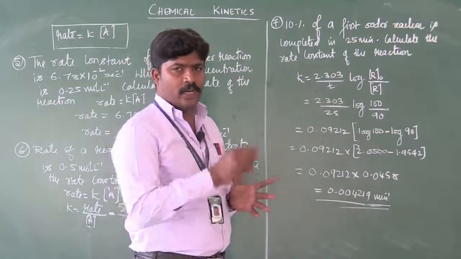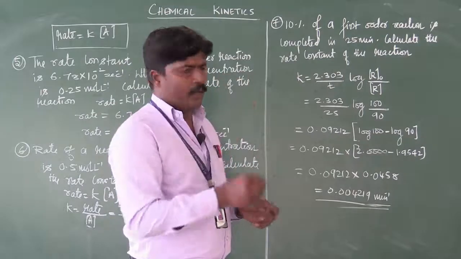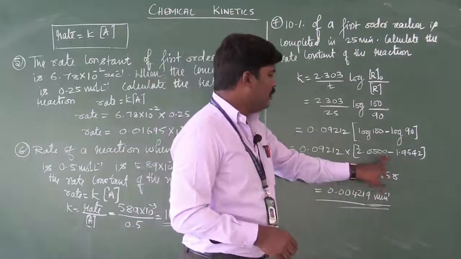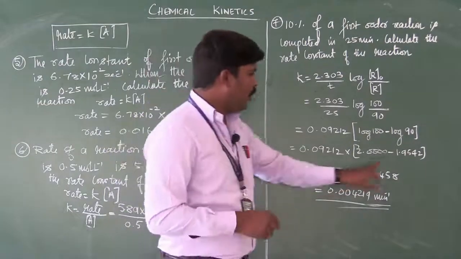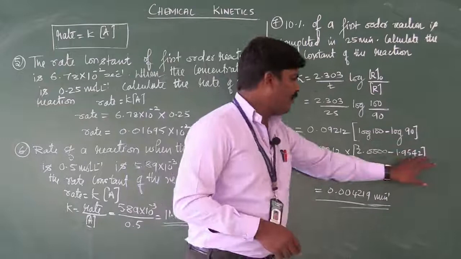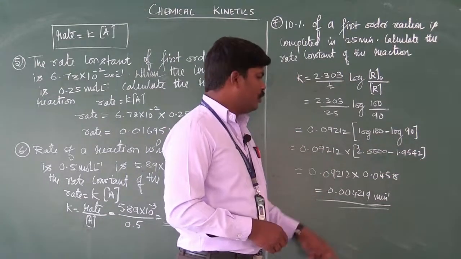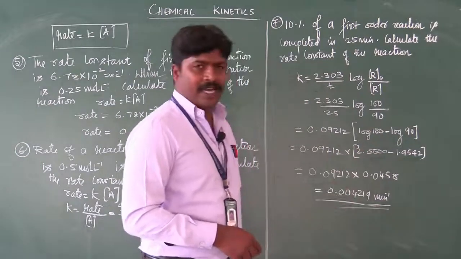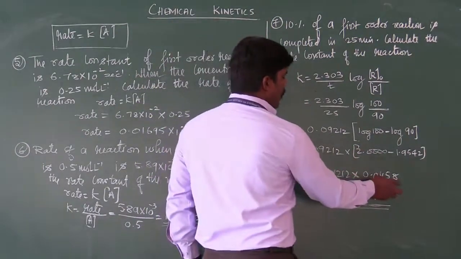You know log 100 is always 2. Similarly, you take log 90. Log 90 is 1.9542. That means when I subtract both of them, 2.0000 minus 1.9542, I get the value 0.0458.